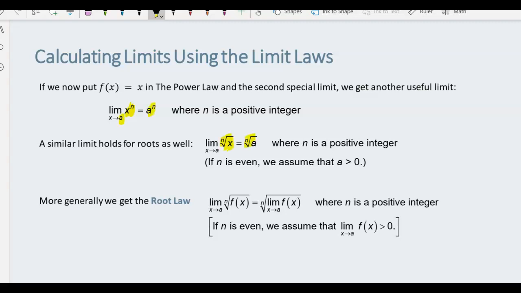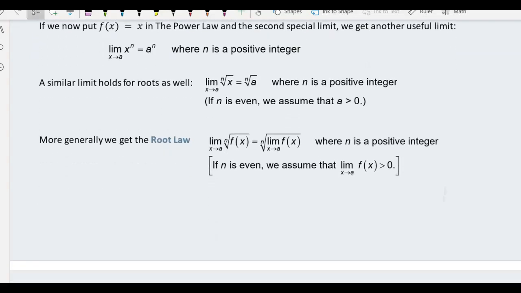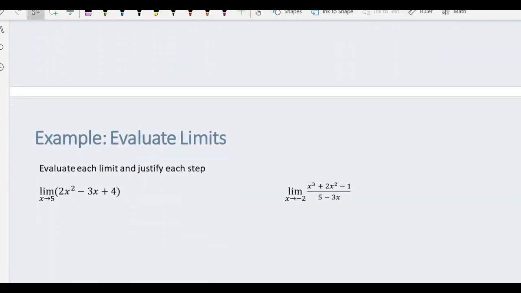Similarly, if we're taking a square root or a cube root, we'll be able to just plug those values in. What I have down here, this root law, is just more generically putting these all together. But we'll go through some examples so that this will make a little bit more sense. These are just the formulas, or the theorems, that we'll be using.